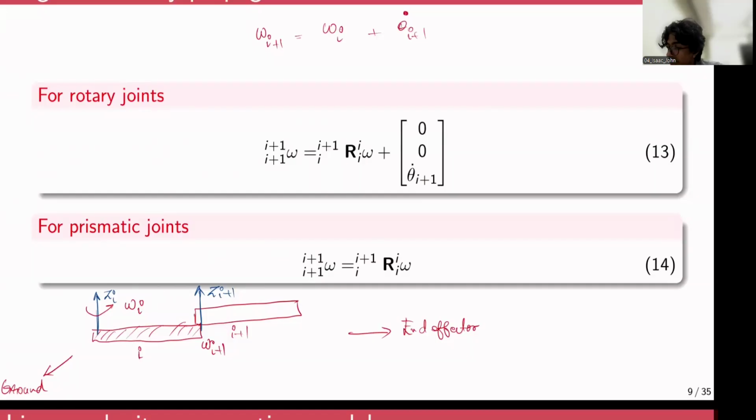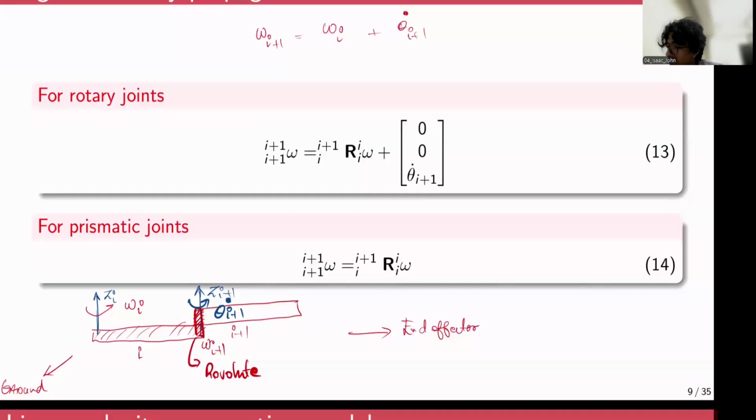I hope that makes sense, because the angular velocity of the current joint would be the angular velocity of the previous joint plus the angular velocity contributed by the rotary motion of this link. If this link is connected to the previous link using a revolute joint, it will have an angular velocity about its own axis, which is theta i plus 1 dot.